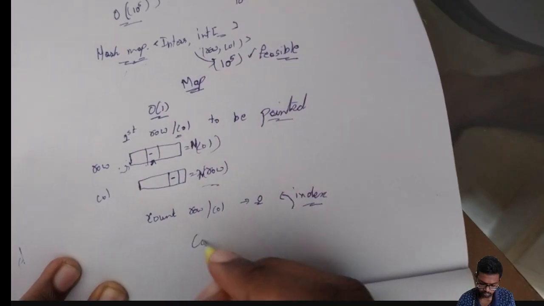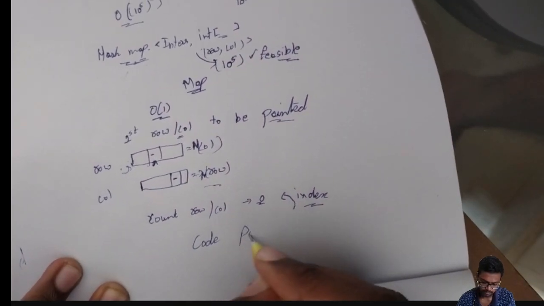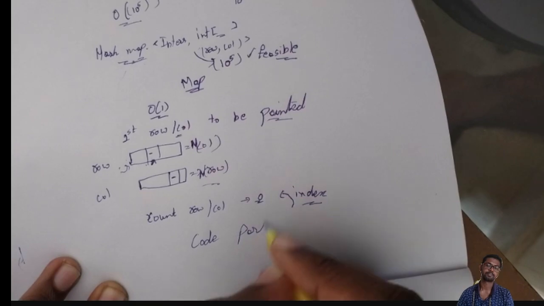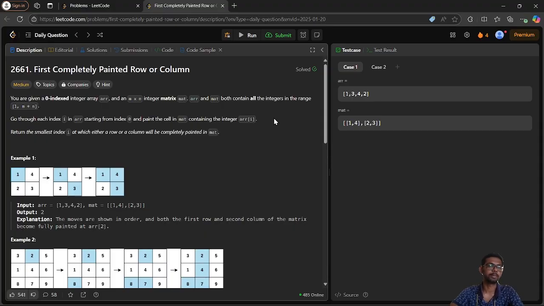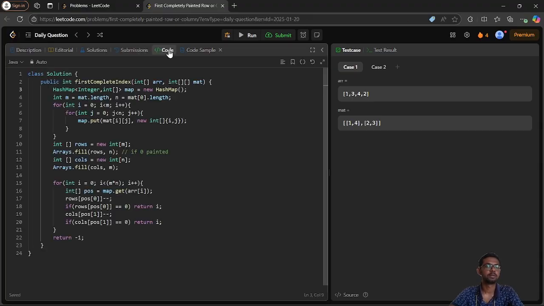Now let's move on to the code part. This is our code, which says we initiate a hash map to store an integer and an integer array. We take the row and column size, and for every element in the matrix, we store the position of that element in the hash map, right?